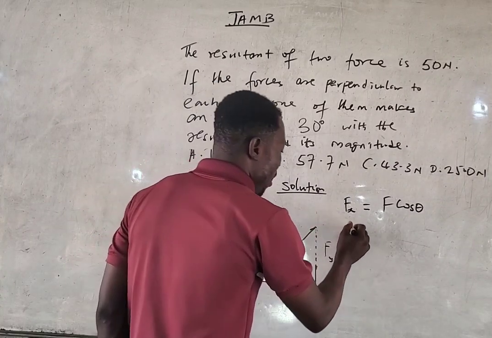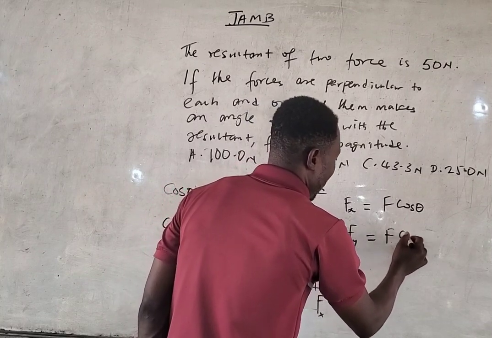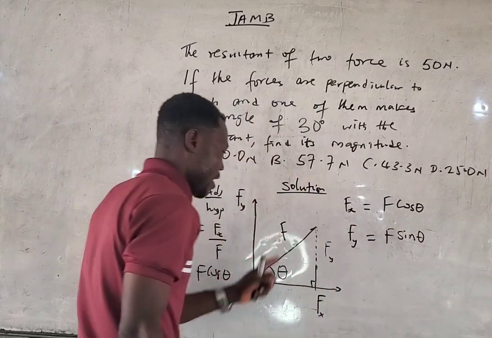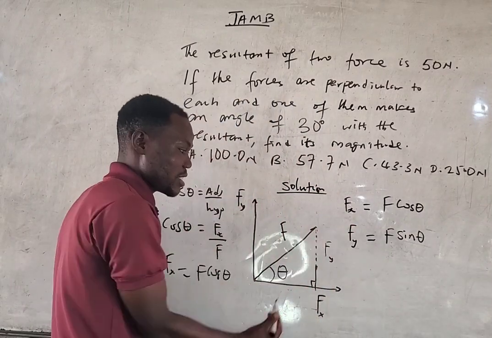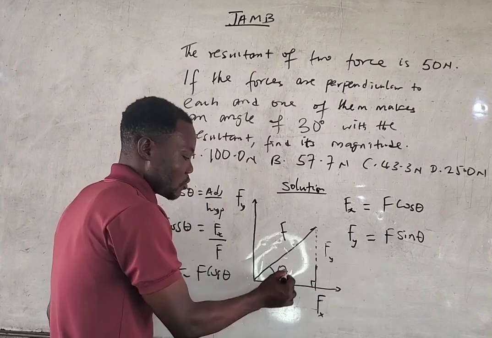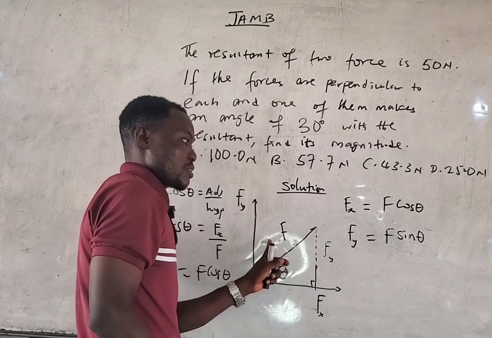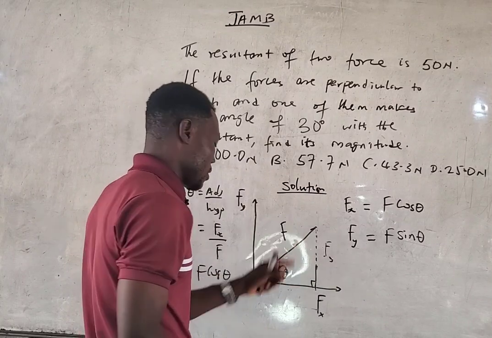Then Fy, by a similar approach, Fy will be equal to F sine theta. Here, the Fy represents the vertical component, which is the opposite. So we have that sine theta is opposite over hypotenuse.